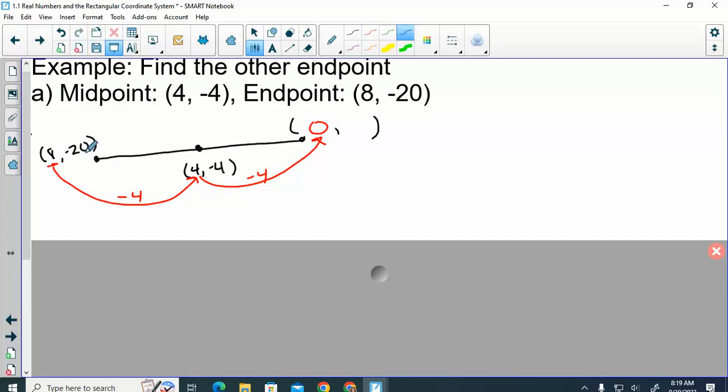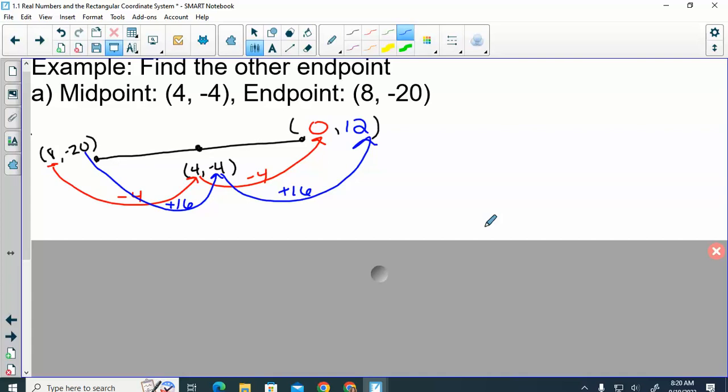For the negative 20, to get from negative 20 to negative 4, what would we do? So to get to the end, we do it again. If you add 16, negative 4 plus 16 is 12. And isn't that what we had before?